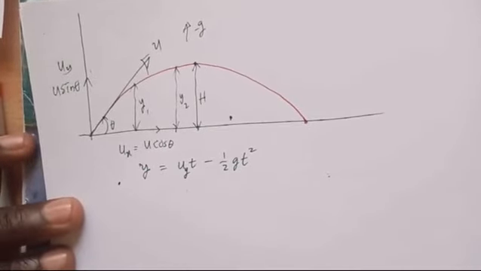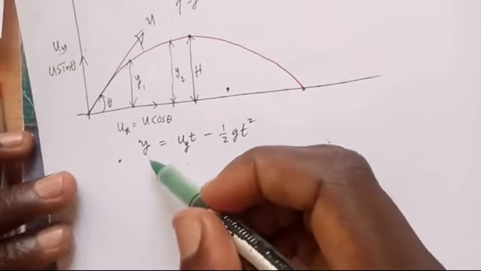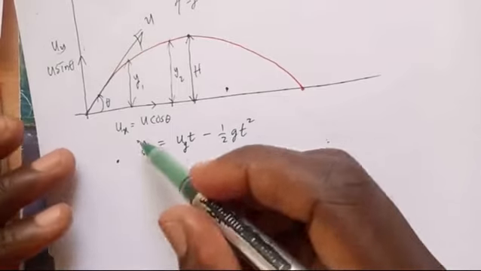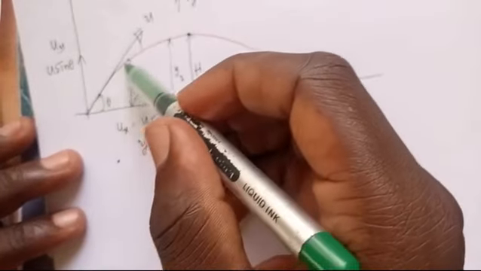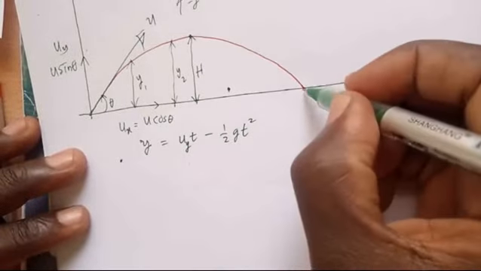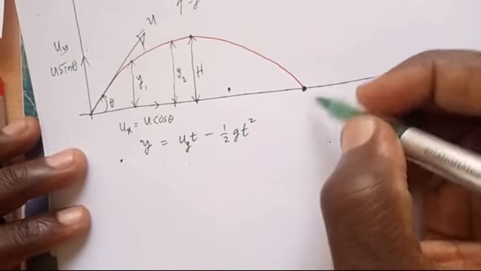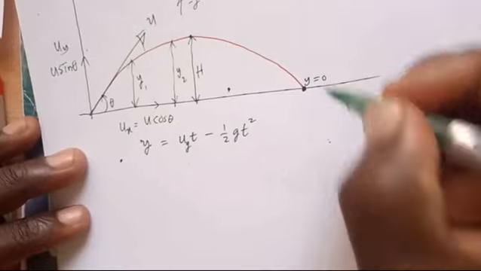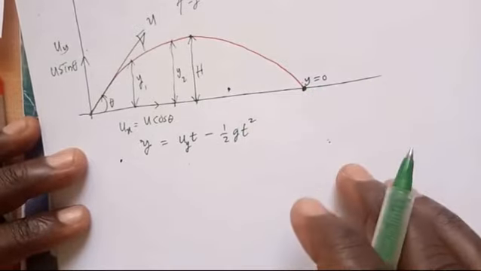Now the point we are trying to make here is that if it moves from here to here, the height is increasing and then it begins decreasing, and at this point when it hits the projection plane again, your y is 0 because there is no vertical distance here.